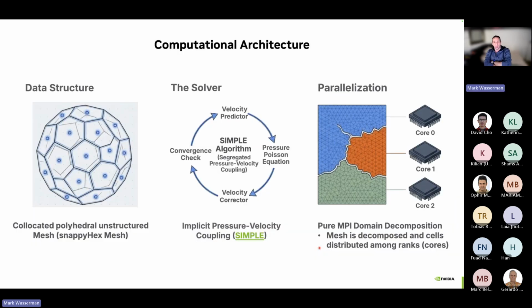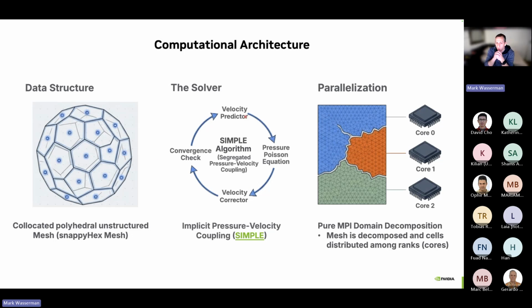Okay, so briefly about the computational architecture of OpenFOAM and what we need to know before we dive into the task. OpenFOAM, as I mentioned, like many other CFD codes, discretizes the computational domain into small cells. In this case, these are polyhedral unstructured cells, which are shown here, and it attempts to solve the Navier-Stokes equations in each one of these cells, and stores the solution at a representative point in the center of the cell.